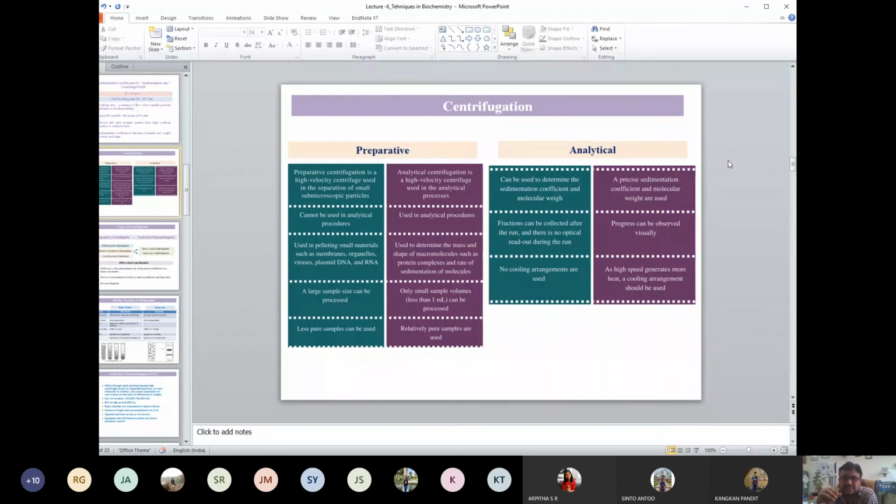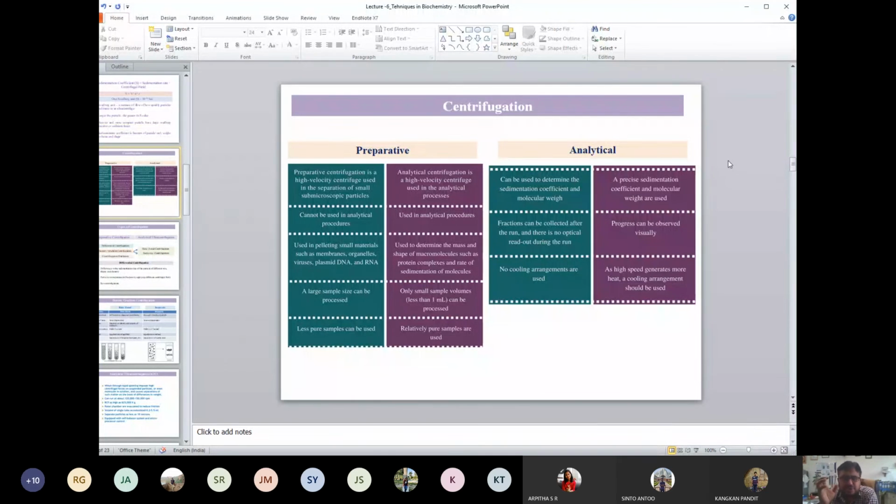In case of preparative, we can even use directly extracted sample or the crude extract, whereas in case of analytical, most of the time we require a purified sample. The extract which we have prepared should be purified before being used in the analytical centrifugation.